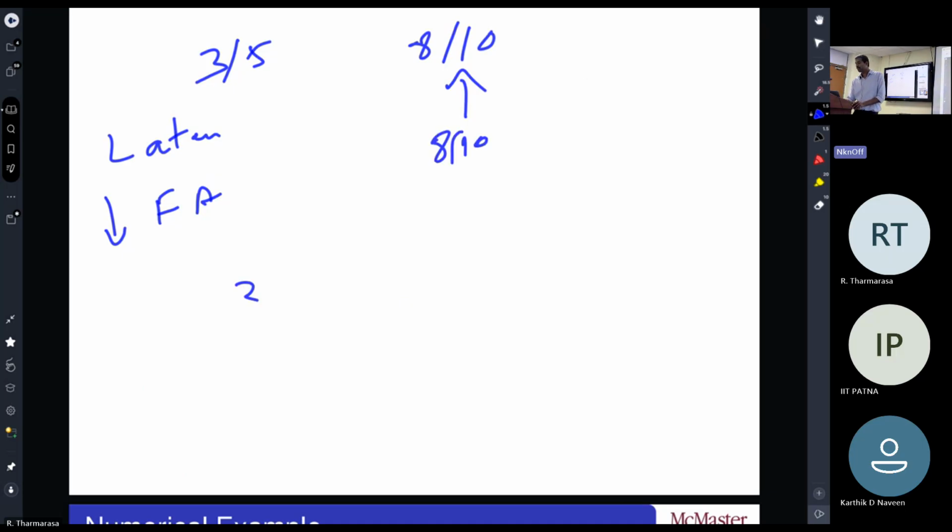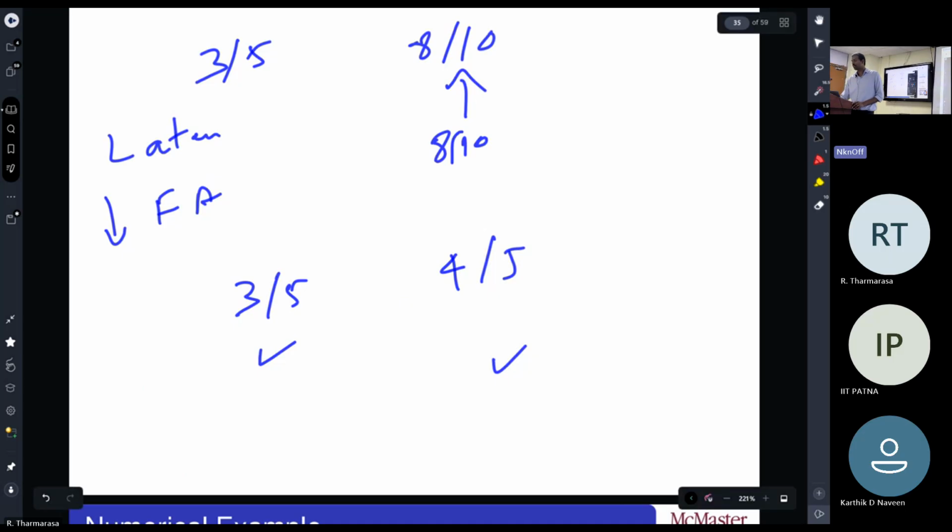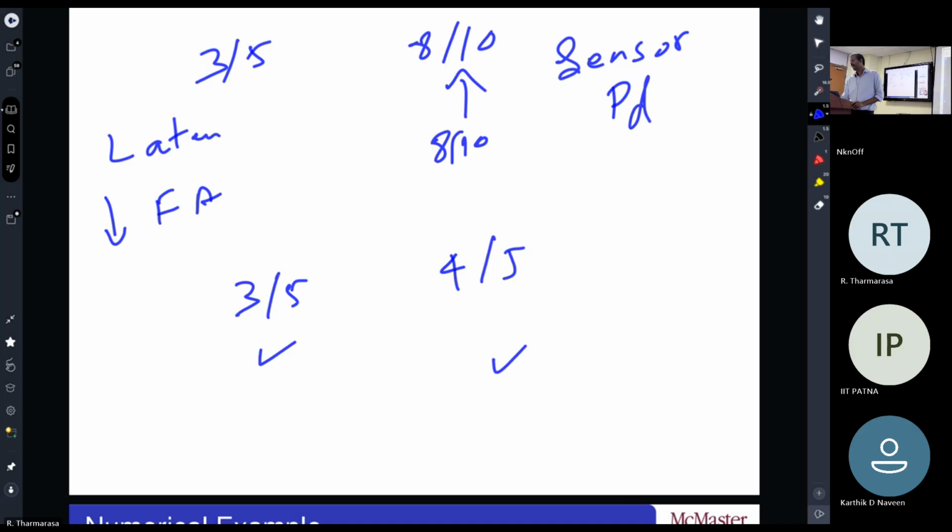Right? Now let's say you have 3 out of 5 and 4 out of 5. Okay, how do you do that? Which one has less latency? This is better in terms of latency. Number of false alarm, 4 out of 5 is better in terms of number of false alarm. Right? So mostly you decide based on the tensor P and lambda.